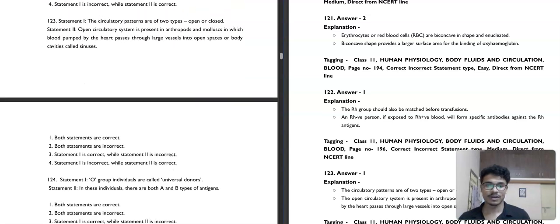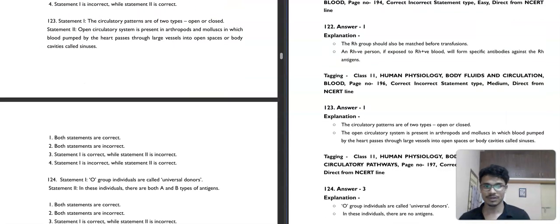Then question number 123. It is saying that the circulatory patterns are of two types, open and closed, correct? Only two types of system are there. Most commonly it is closed, which is present in humans, and the open circulatory system is present in arthropods and mollusks, in which blood pumped by the heart passes through large vessels into the open spaces of the body cavity called sinuses.